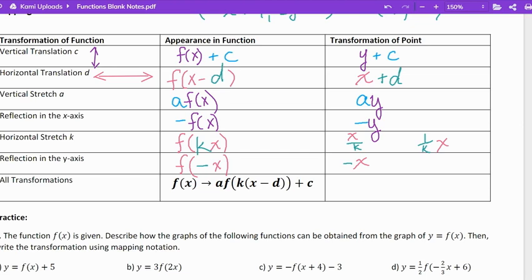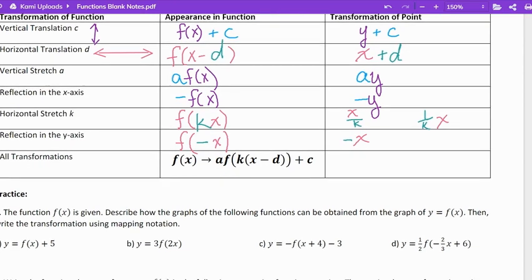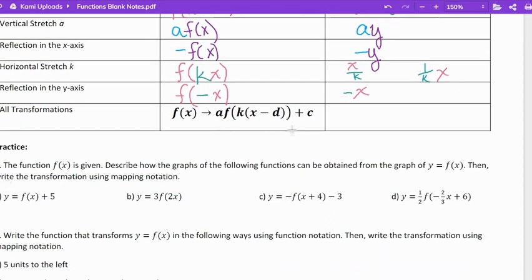Now all these beautiful pieces go together in a formula. This is what we call function notation of all the transformations. But what we're going to do is write out the mapping notation. So the mapping notation looks as such. I've got x, and I'm using colors here.